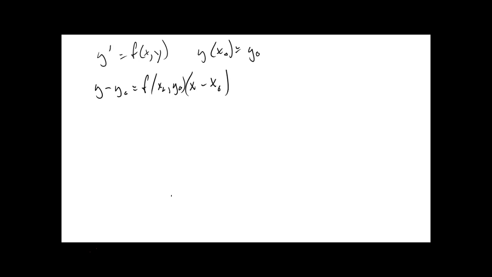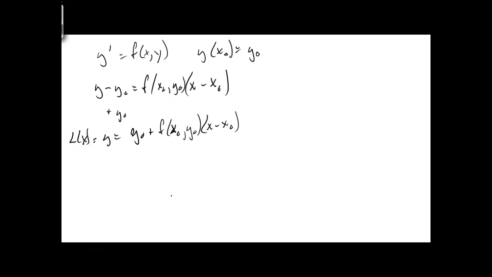So that is what we're going to base everything on, except one more step: add y0 to both sides, and that gives you y is equal to y0 plus f of x0, y0 times x minus x0. Now, this is what they call the linearization as a function of x.